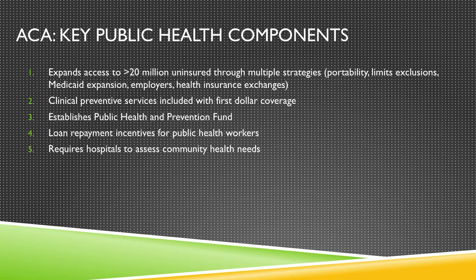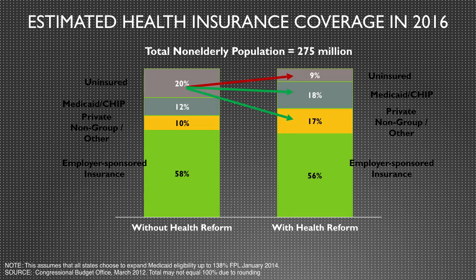They've also led to clinical preventive services included with first dollar coverage, and to establishing the Public Health and Prevention Trust Fund. They've led to loan repayment incentives for public health workers and have led to requiring hospitals to assess community health needs. And so, as a result, as we've already looked at for the case study, you can see the positive impact on healthcare coverage.